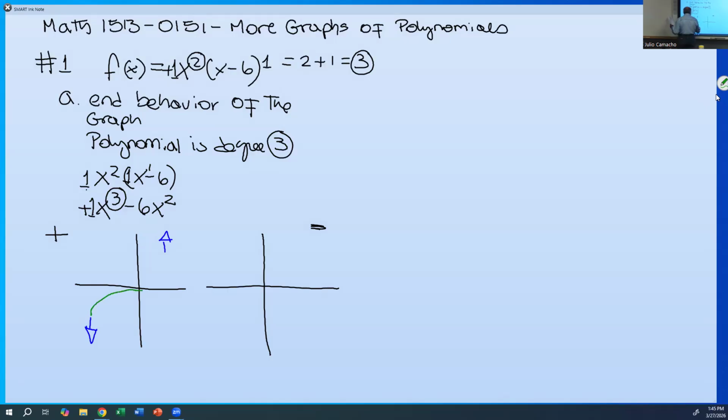They make like a saddle here and then continue in this way. That is an odd function, a positive odd function. And if you have a negative odd function, we learned that all negative odd functions will rise in the left and they will fall in the right.